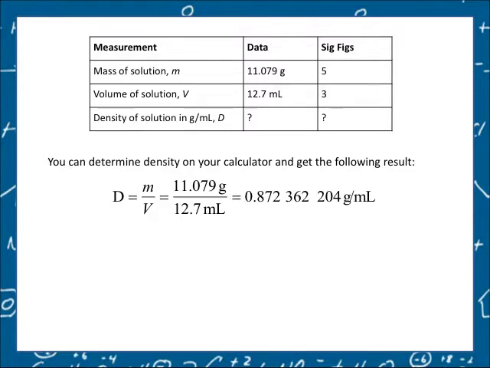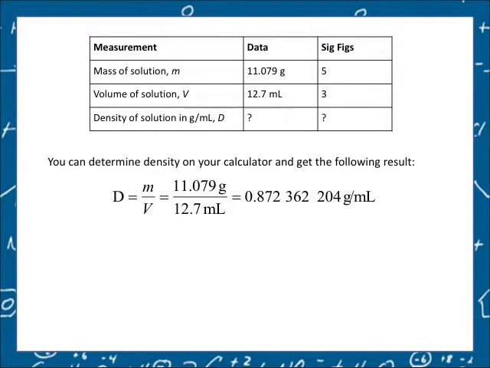If we were to follow our rules for significant figures with this number, we would get 9, because we've got a decimal with no placeholders in front, so all the digits count, and there are 9 of them. Of course, there would be more if our calculator had the capacity to show them.